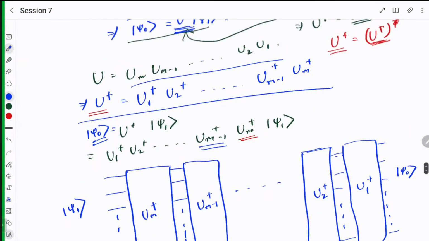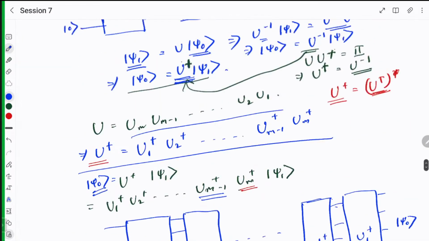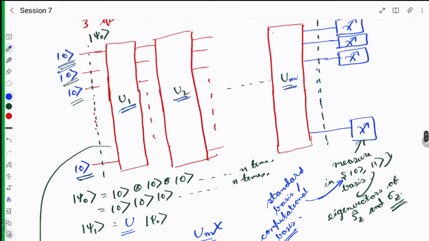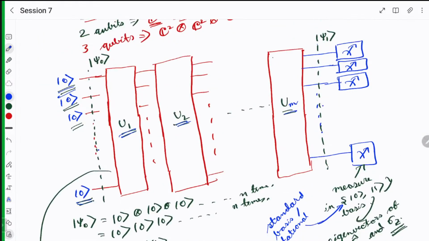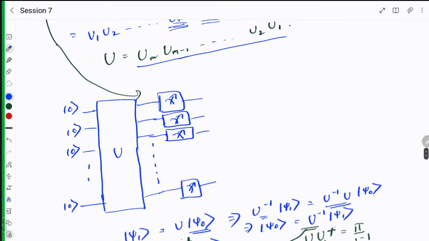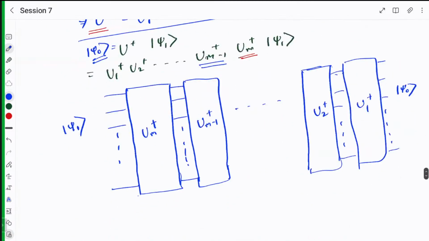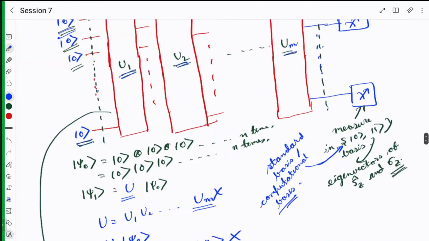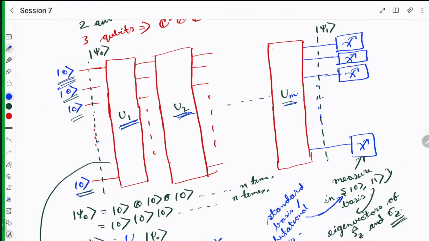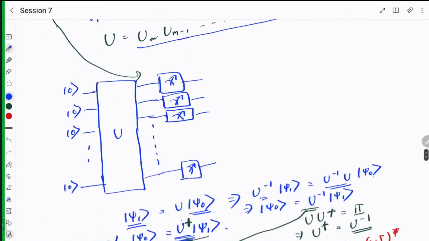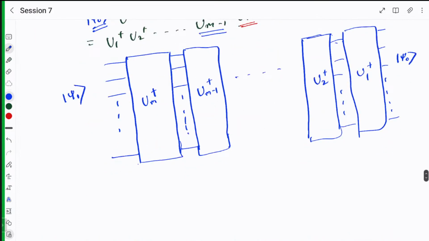So what this means is that if I can go from psi0 to psi1, then I can also go from psi1 to psi0. If I have applied the operators in the sequence U1, U2 up to UM in order to go from psi0 to psi1, then in order to go from psi1 to psi0, we have to operate in the reverse order, and also each unitary will be daggered. So first we put UM dagger, then UM minus 1 dagger, and so on.